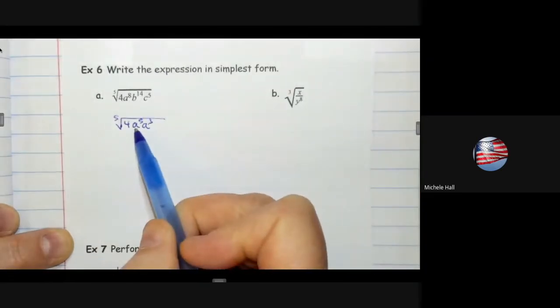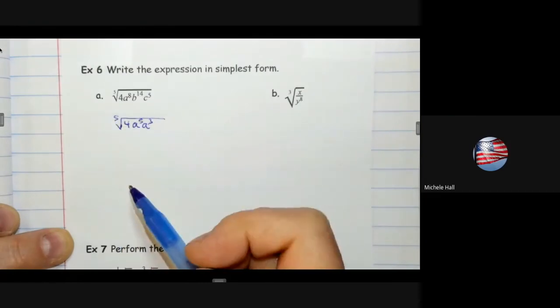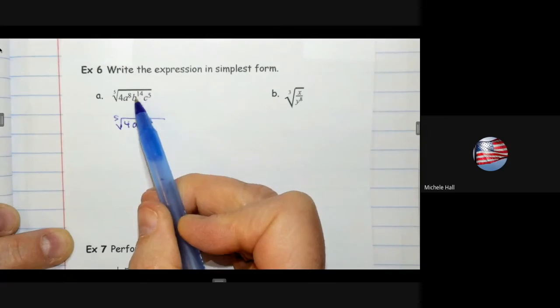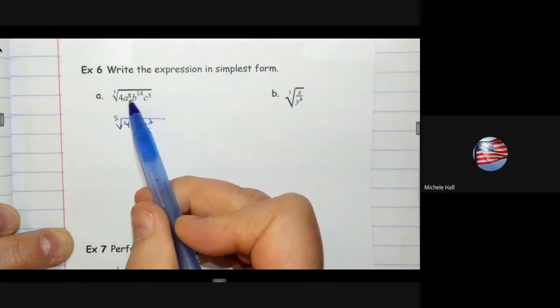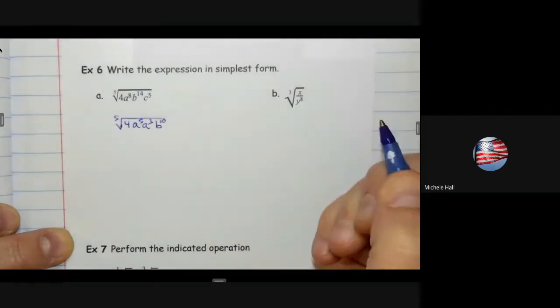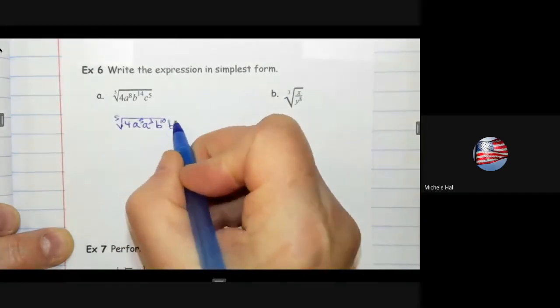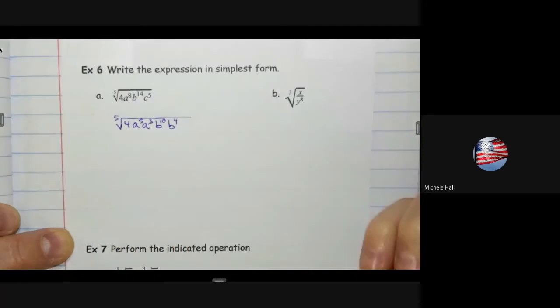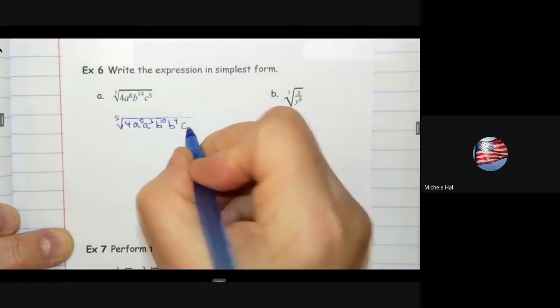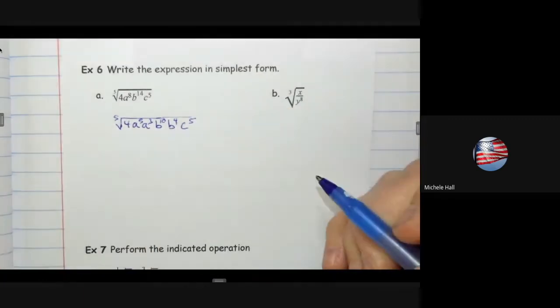I can see that this a to the 5th is going to work out evenly. B to the 14th. What is a multiple of 5? B to the 10 would work out evenly, and then we still have 4 of them that will be left. C to the 5th, that all works out evenly.